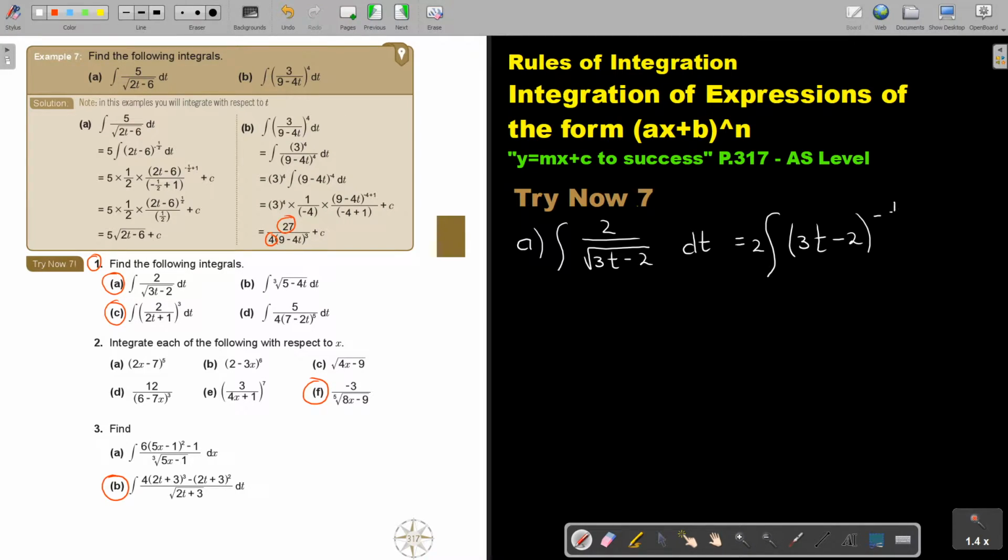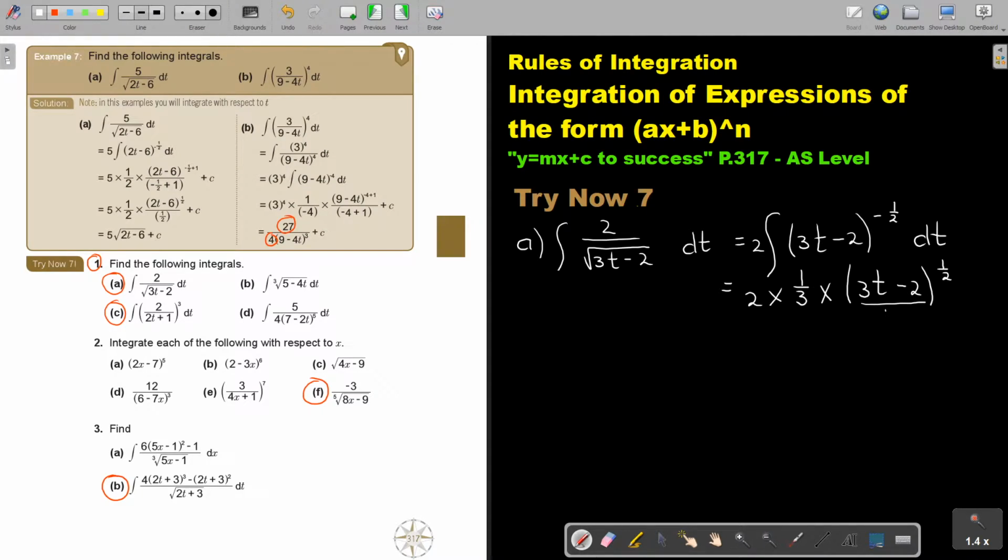Negative half, okay, and don't forget I'm integrating now with respect to t. Okay, so if I'm doing that, there's the 2, multiply. Then take this value in front of the variable, the reciprocal actually, multiply, then that 3t minus 2, and if you say negative a half plus 2 over 2, it's going to give you a half.